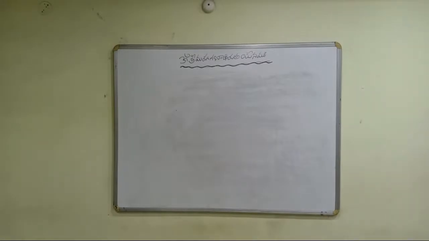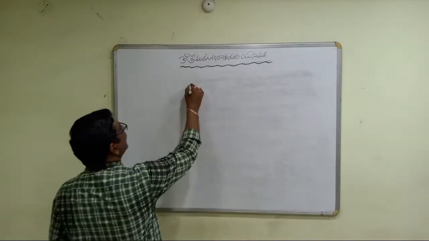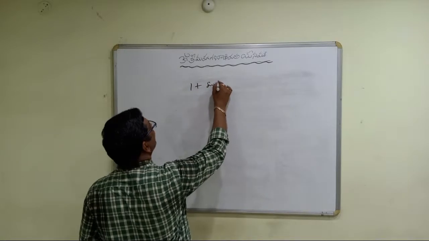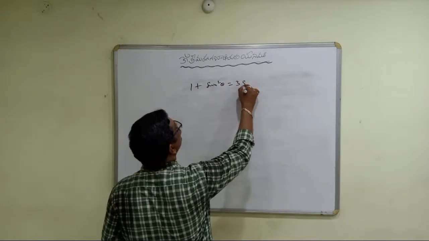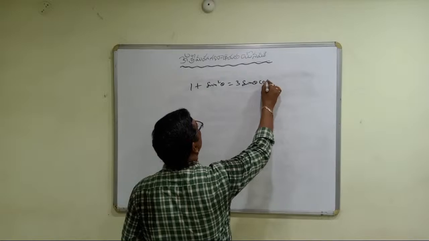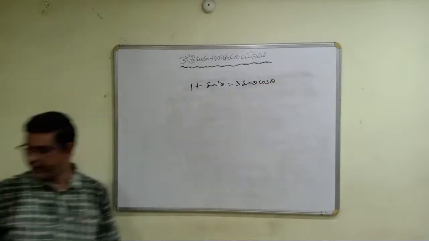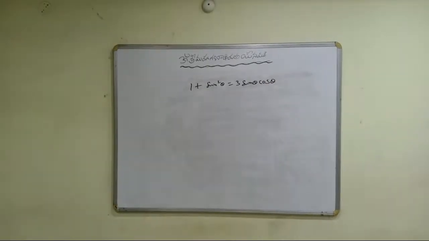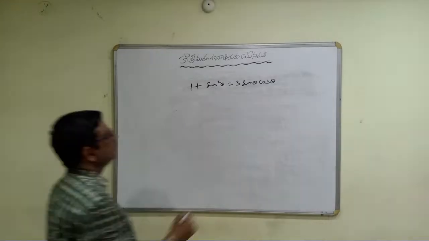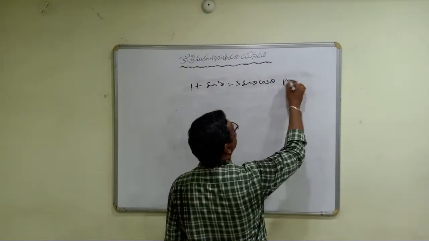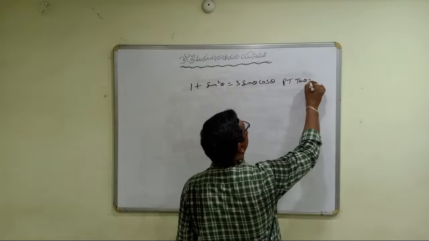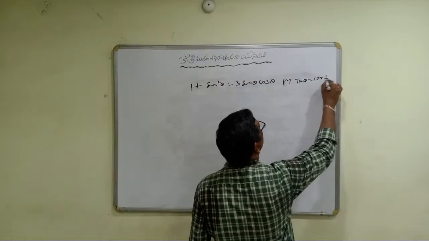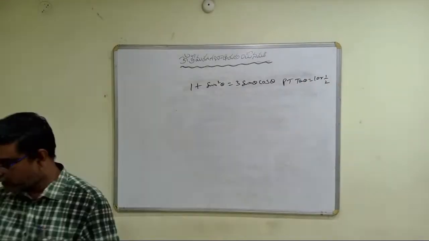Now, 1 plus sine square theta is equal to 3 sine theta cos theta. Show that or prove that tan theta is equal to 1 or 1 by 2.